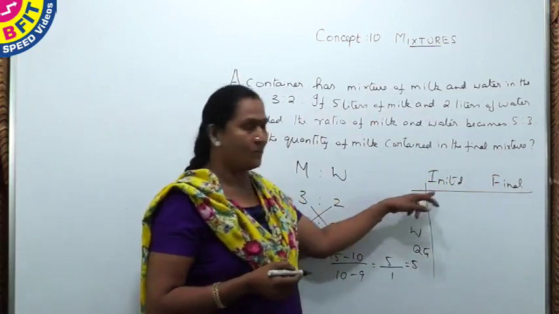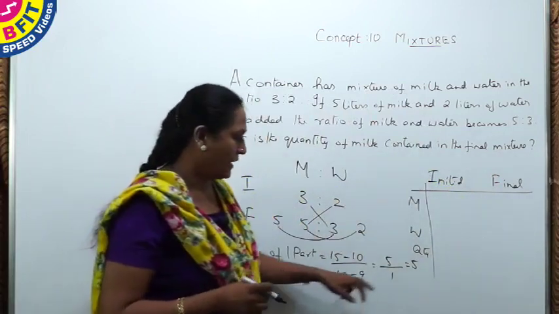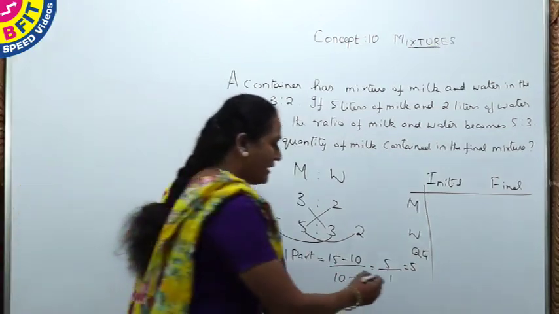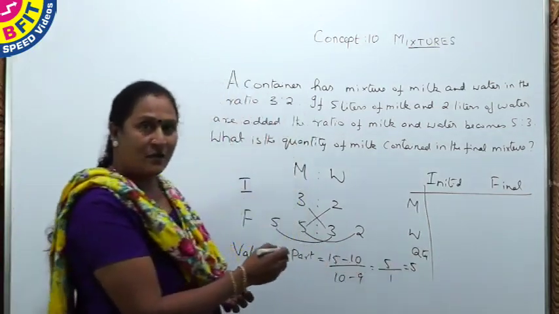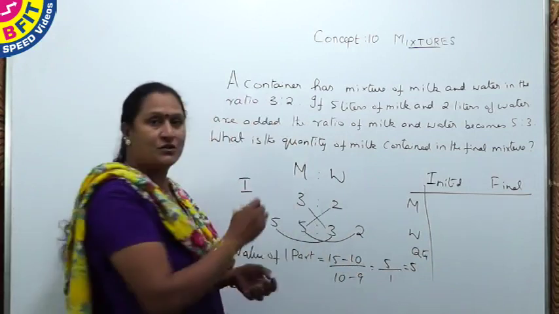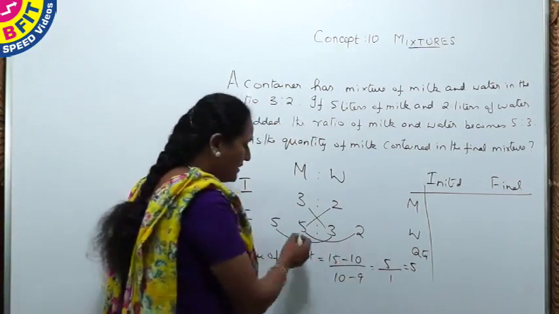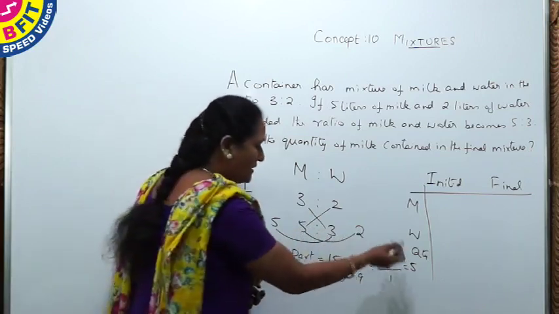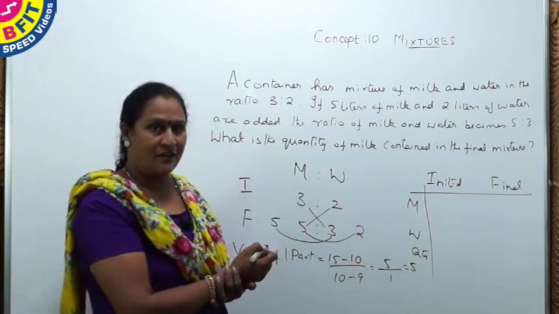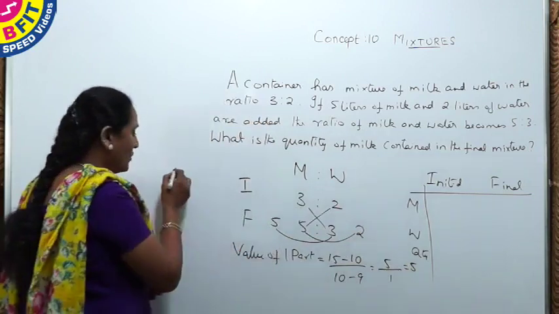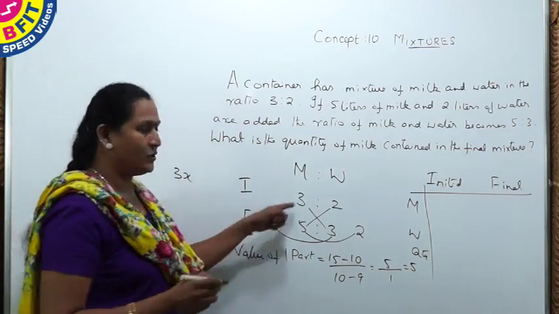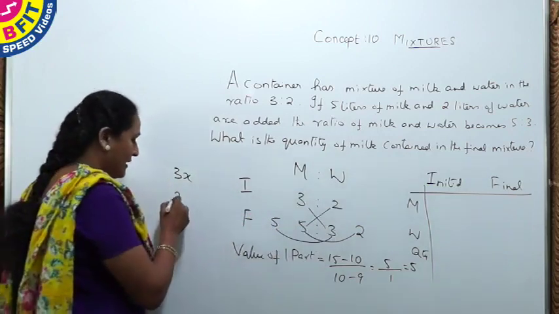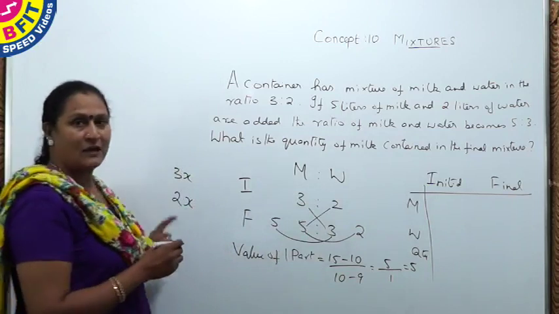So if the initial quantity of milk is asked, the value of one part we have got is 5. Be careful that the value of one part, 5, has to be always multiplied with the first row only. Don't multiply this with the second row. If they ask for final values also, don't multiply this value of one part with the final ratio, because only with the first row, that is the ratio 3:2, we give the variable x, where x is the value of one part.